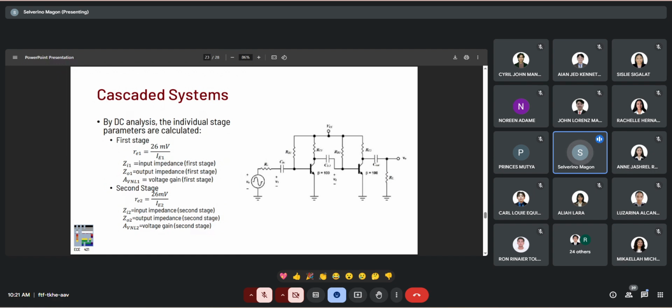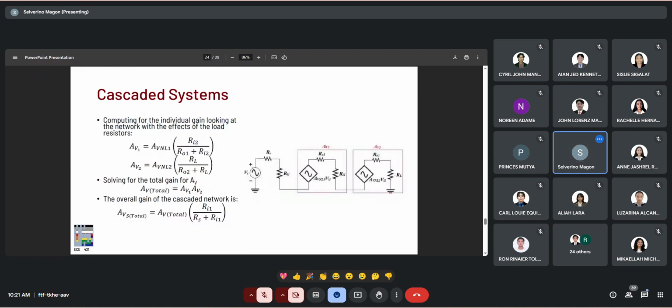The no load voltage gain AVNL1 is for the first stage. For the second stage, we use the same calculation for RE equivalent. ZI2 is the input impedance of the second stage. ZO2 is the output impedance of the second stage. And AVNL2 is the voltage gain of the second stage.